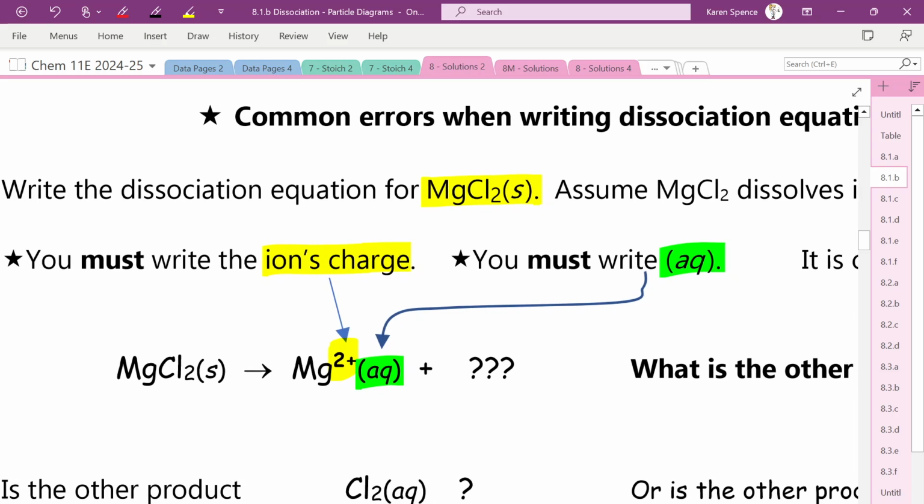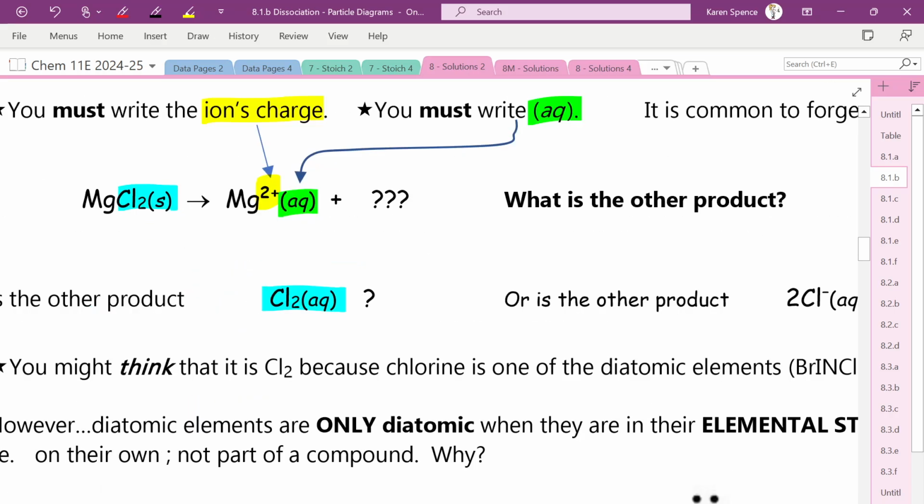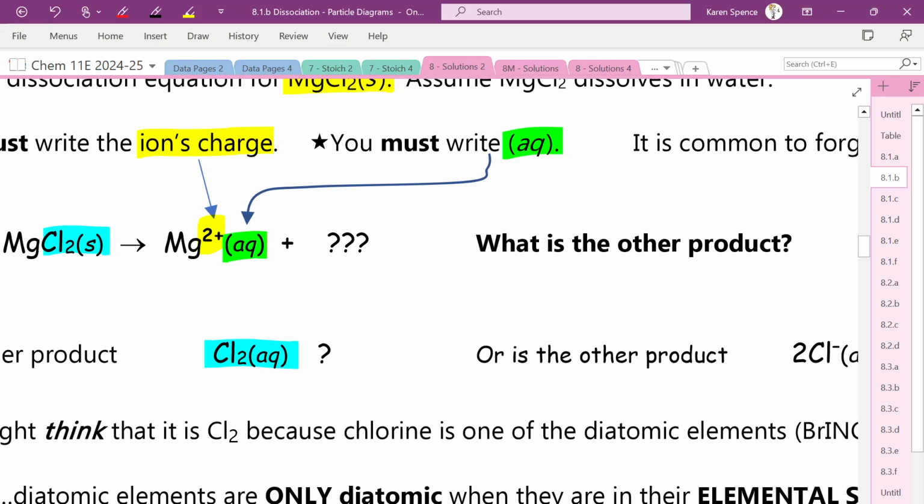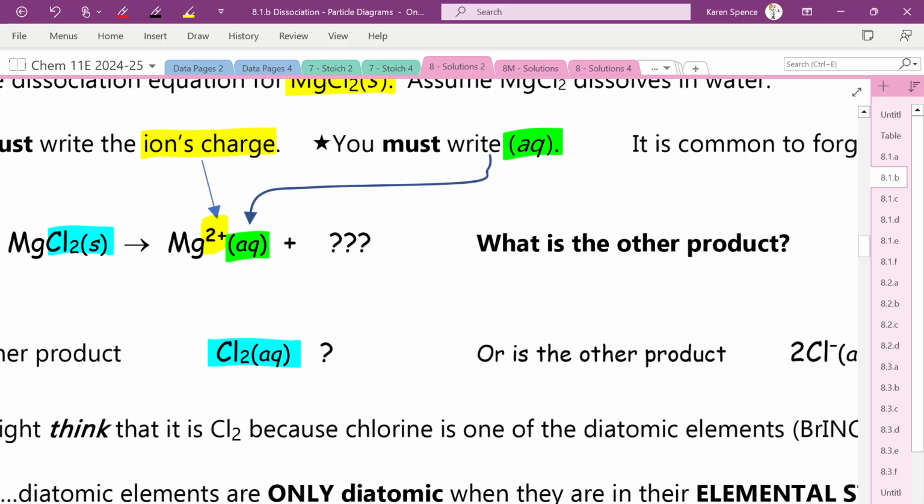Now, when we dissociate, is the other product Cl2 aqueous? Or is the other product, whoa, what happened? It jumped. Is the other product 2Cl minus aqueous?